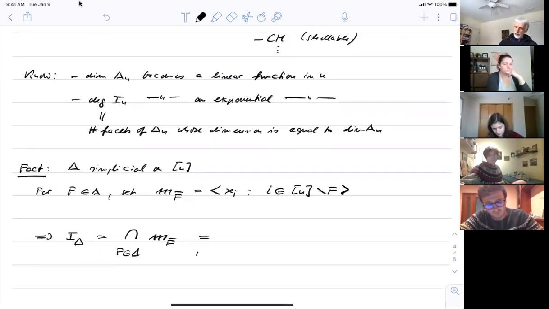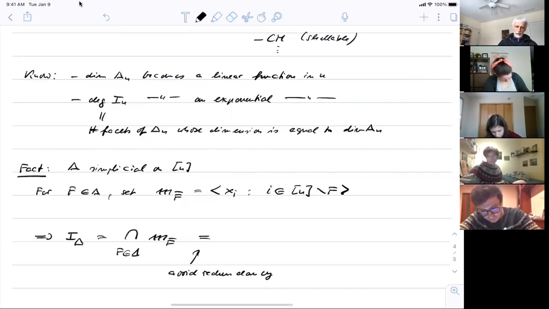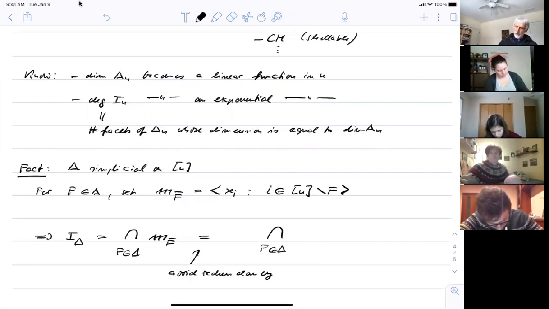So if we avoid redundancy, we can just write this as the intersection over all facets of delta of these corresponding ideals.